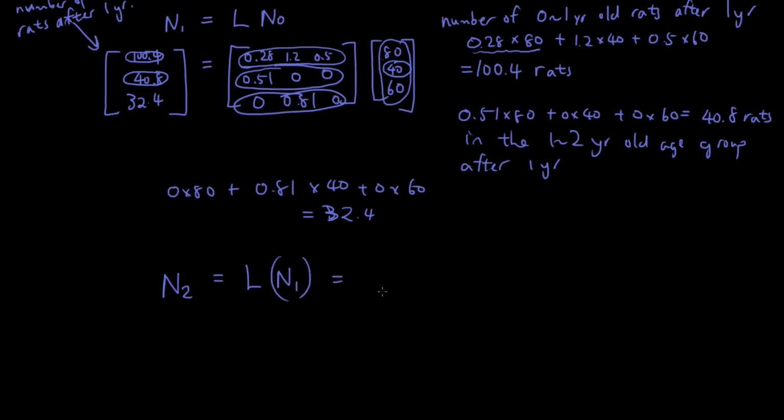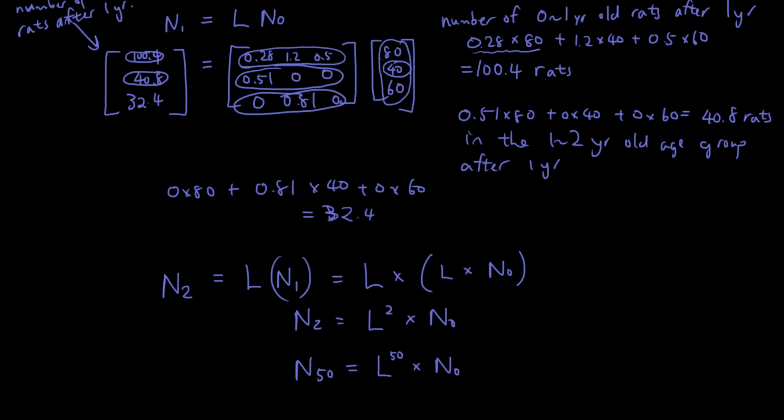Well, N1 comes from L times N0. So we have L times L times N0, which is L squared times N0. So if N2 comes from L squared times N0, if I want to know what N50 is, that will just be L to the power of 50 times N0.